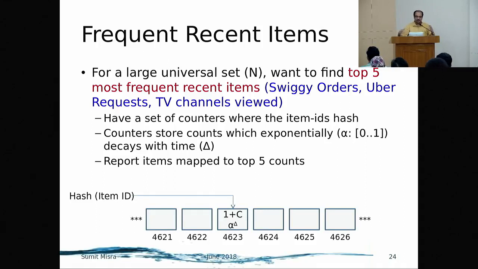So this is called exponential handling of the counters, and if you do that, all these buckets get changed. So if I keep items, hash them and keep it this way, and then I filter the top 5, then I can say that these are the 5 recent items that are being bought together.